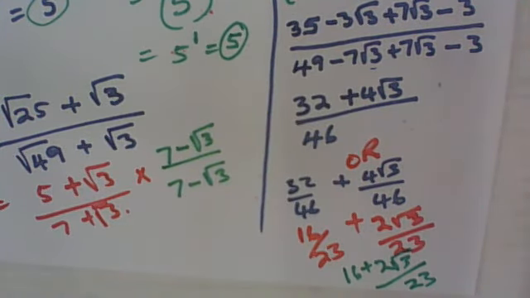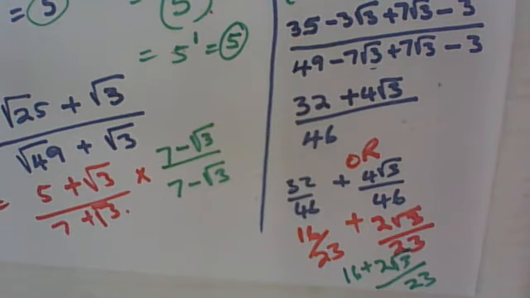So guys, this is how we deal with that. Make sure that you know how to do this, especially when you simplify sets. You must know how to rationalize. Always make sure that you use the conjugate. In order to get a conjugate, you change the sign between two terms.